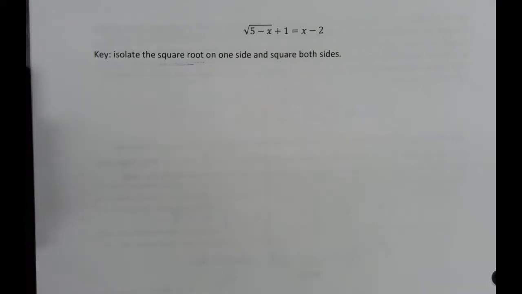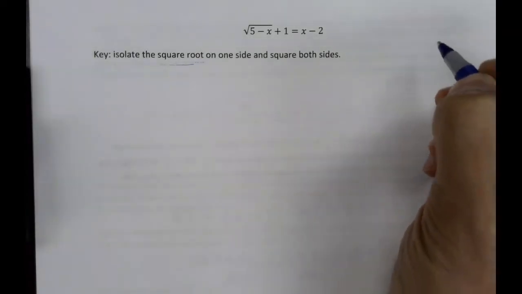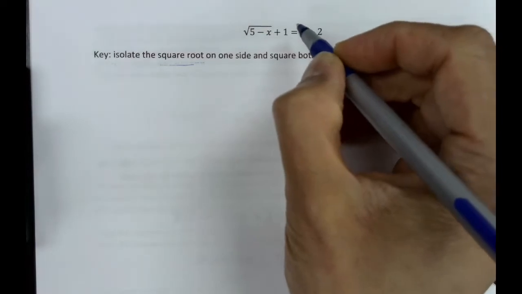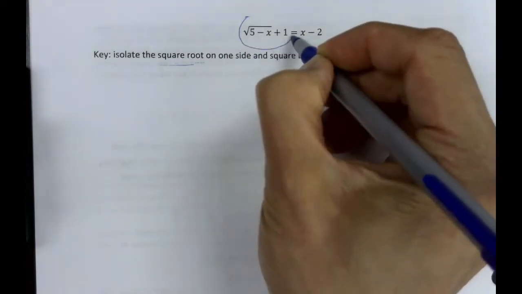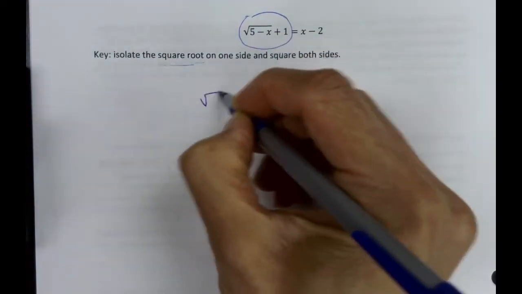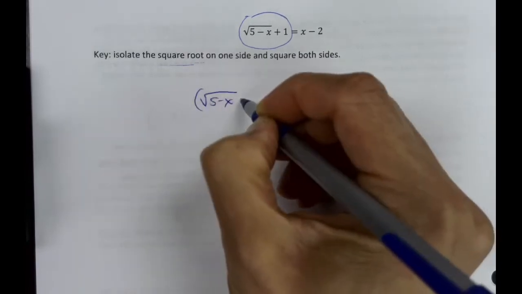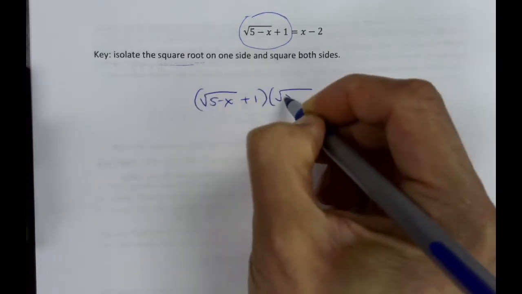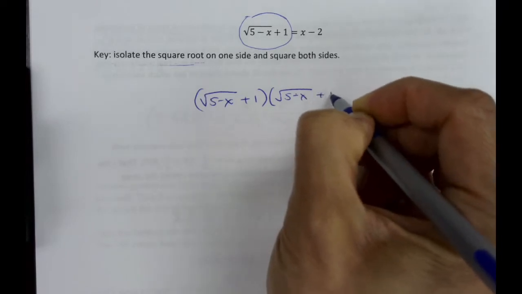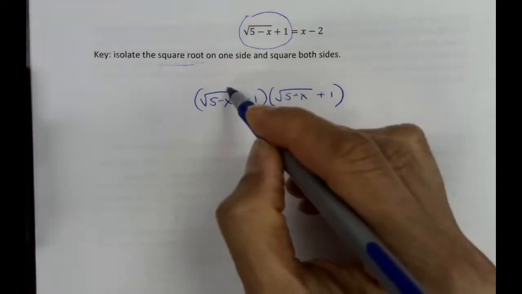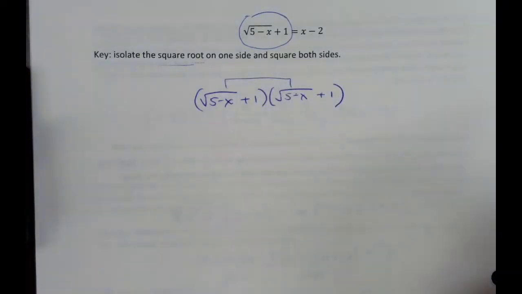Good. So hopefully you subtracted 1. Well, why is that? If I have this whole thing and I square it, I'm going to have a bit of a mess. Squaring will get rid of my square root, because that's the idea.